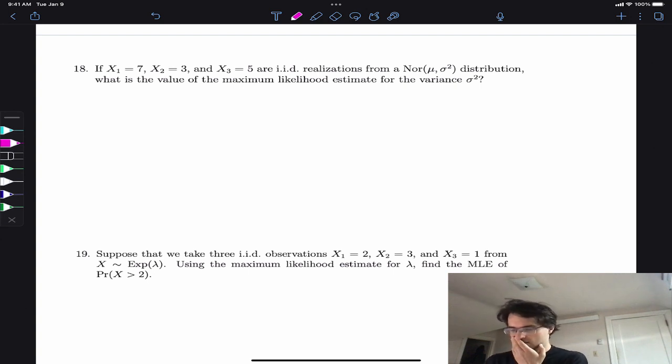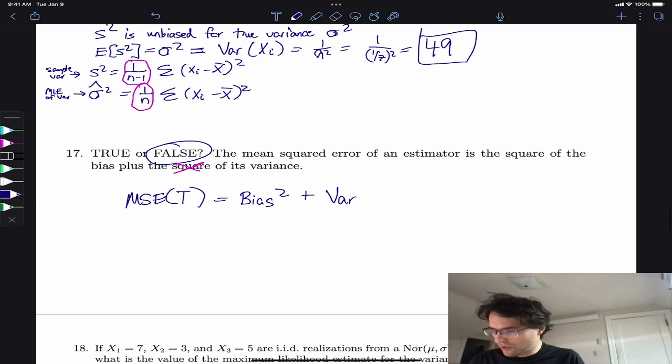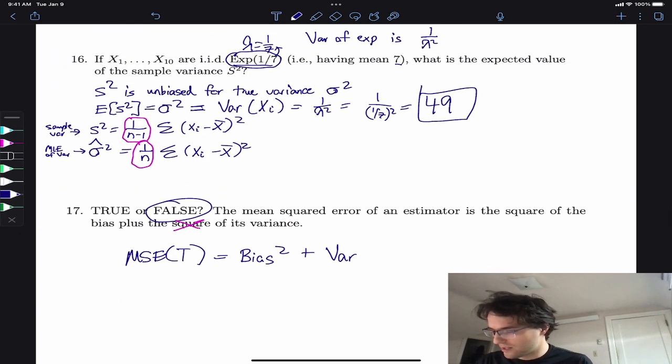Question 18. If x1 equals 7, x2 equals 3, and x3 equals 5 are IID realizations from a normal mu, sigma squared distribution, what is the value of the maximum likelihood estimate for the variance sigma squared? This is very similar to problem 16, except instead of 1 over n minus 1, we use 1 over n.